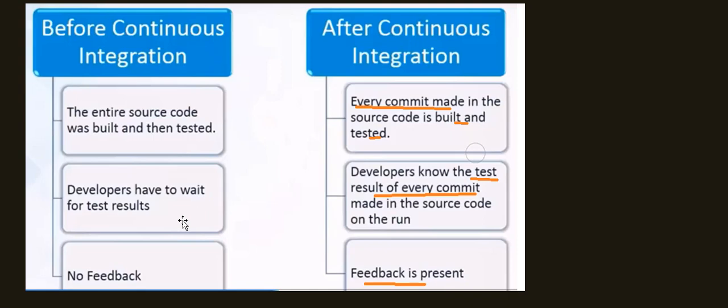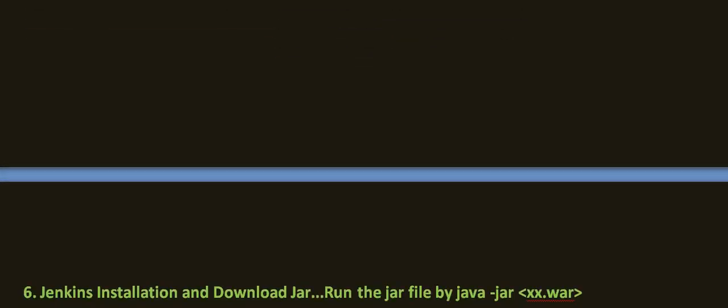Here, developers know the test result of every commit made in the source code on the run, and you will get feedback instantly, right? Earlier, everything was a manual process. Now we have that automated process in the integration environment.